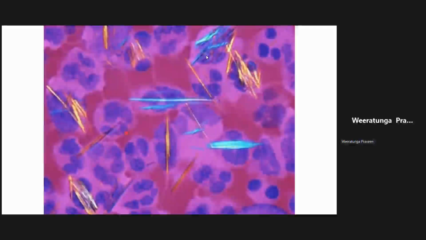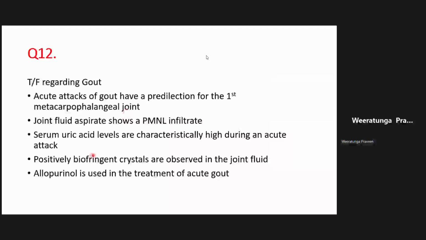In this picture, you can see a lot of neutrophils in the joint fluid, and also these negatively birefringent crystals. So remember, the important take-home message is that gout can mimic septic arthritis and cause a neutrophilic infiltrate into the joint fluid, but you will see the typical classical negatively birefringent crystals in gout.